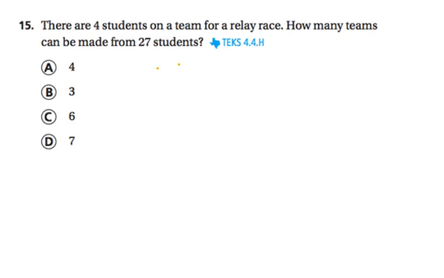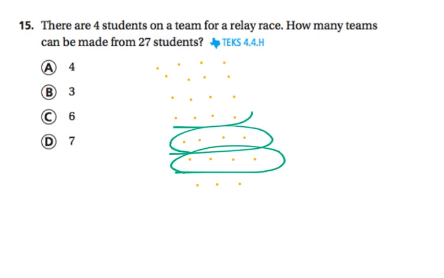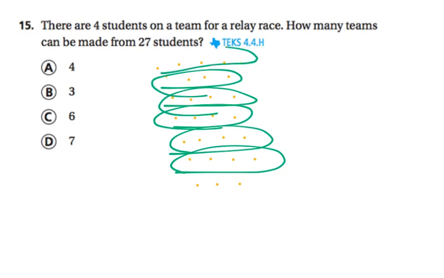So 1, 2, 3, 4, 5, 6, 7, 8, 9, 10, 11, 12, 13, 14, 15, 16, 17, 18, 19, 20, 21, 22, 23, 24, 25, 26, 27. So then you look at the complete groups. 1, 2, 3, 4, 5, 6.